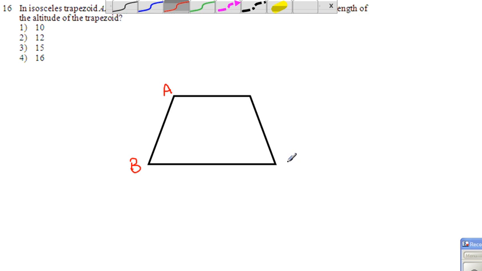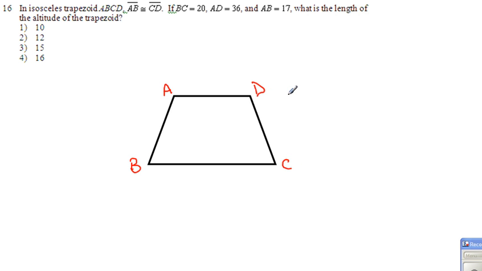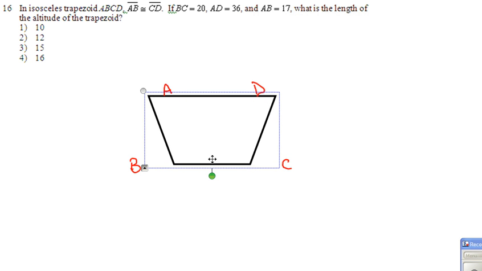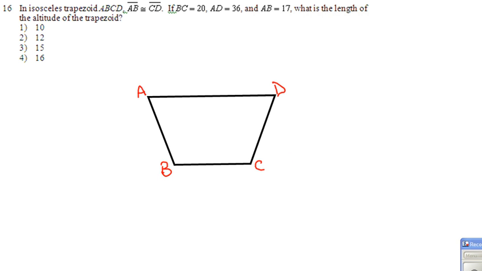That makes this one C, and then this one D. Now, where AD is equal to 36, oh well, this AD has to be the bigger one, so I'm just going to modify this one just a little bit. Alright, move A and D a little bit, and then B and C closer. Now, it looks better. This is 36.